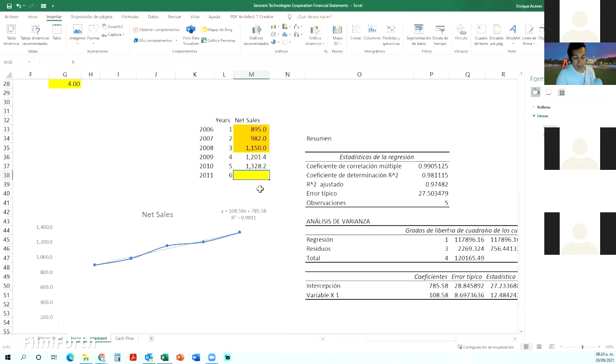Do you want to see it? It's 108.68 multiplied by the sixth element. That is what I want to get. Remember that the y-axis is the net sales and the x is the years.